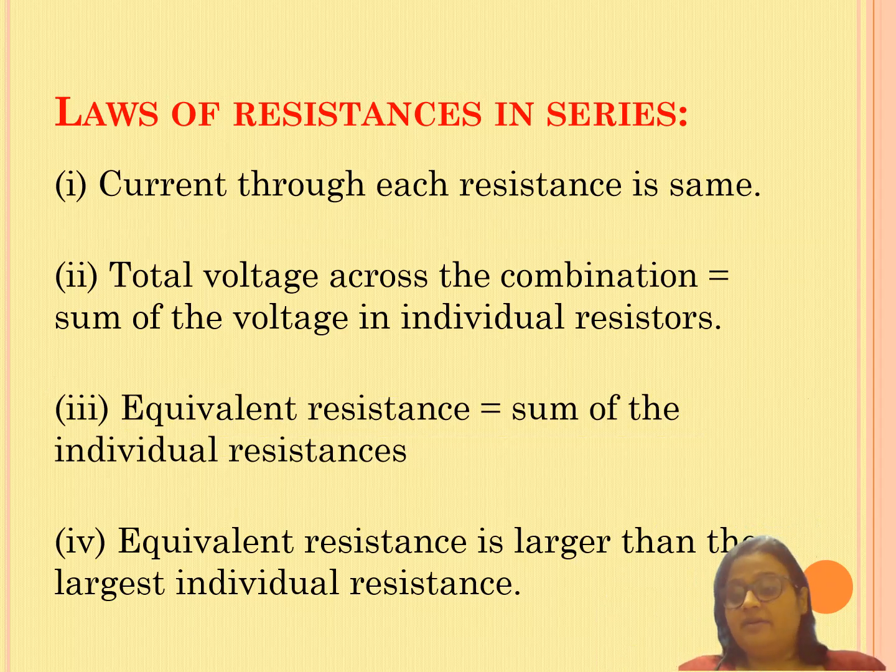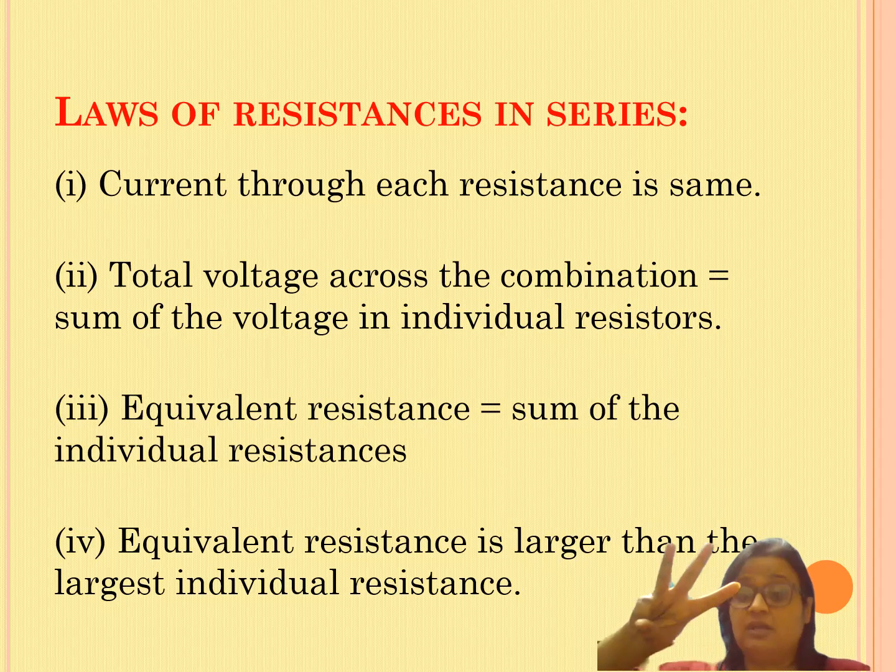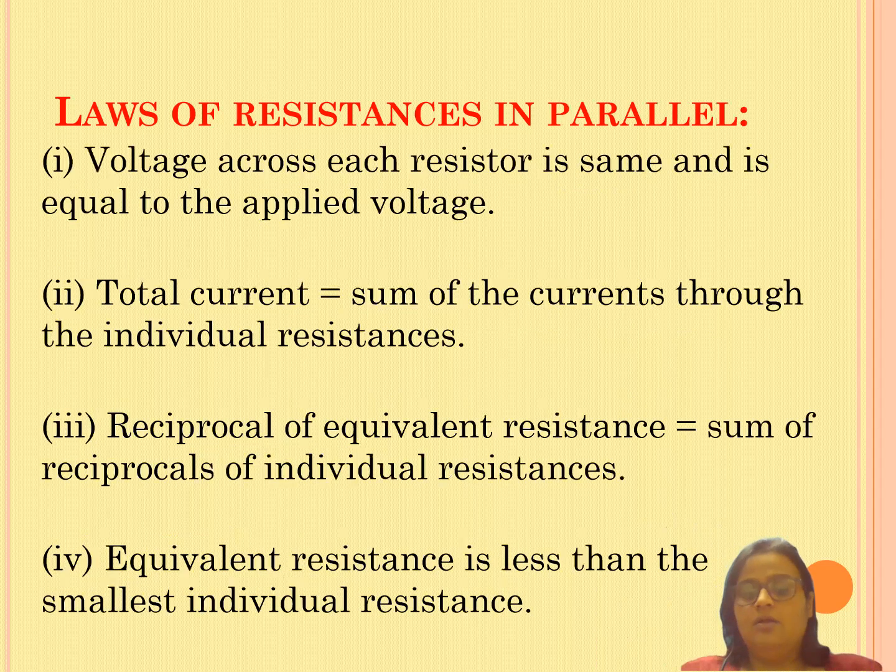And you will find that the equivalent resistance, the final answer, is even larger than the largest individual resistance. Suppose we have three resistors, 1, 2, 3, add them: 1 plus 2 plus 3 is 6. 6 is more than the largest value, 3. Among 1, 2, 3, the largest value is 3, and your answer will be bigger than that. That is a small check of your answer.